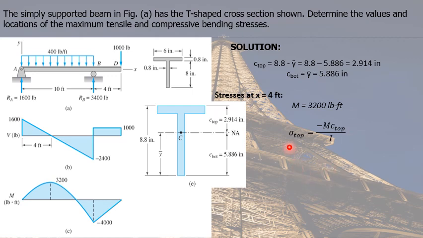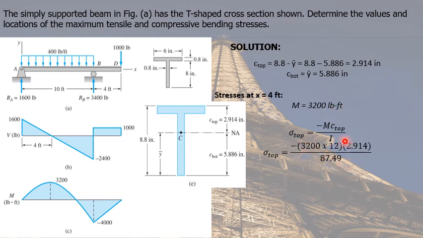And for the stress at the top of the cross-section, it is given by the formula negative m c top over I, where m is the bending moment, C top is 2.914, and our I is the moment of inertia of the whole cross-section about the neutral axis, which we just solved recently. Substituting our values, 3,200 pound-feet is converted to pound-inches.